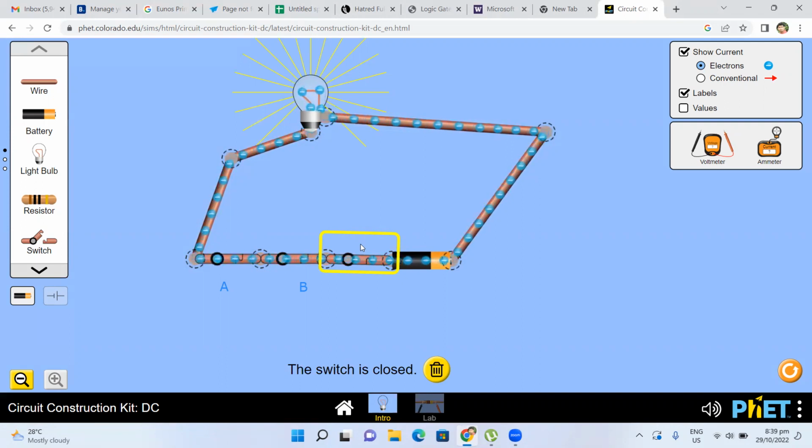That is easy to remember. That is the basic logic of AND.